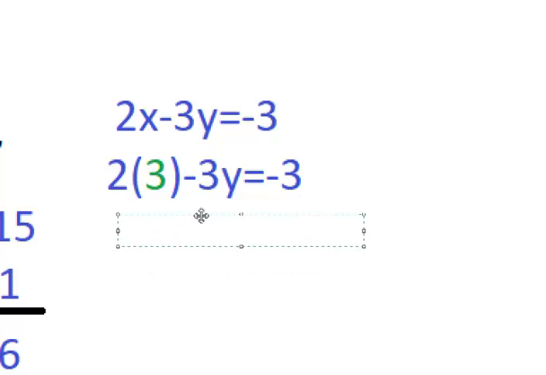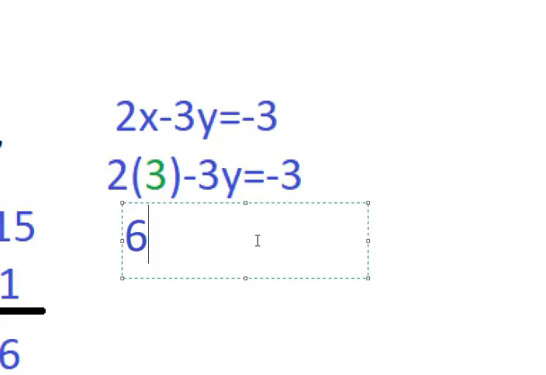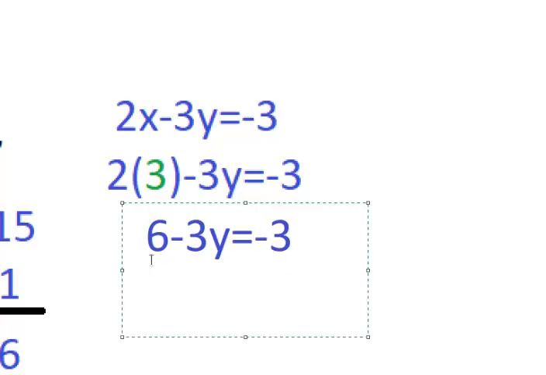Yes, 2 times 3, that will give me 6. Okay, let's put that in blue. I will get 6 minus 3y equals negative 3. Now, what do I do with this positive 6? I pass it to the other side as a negative 6. So the only thing that's going to stay in this left side is going to be the minus 3 and the y.